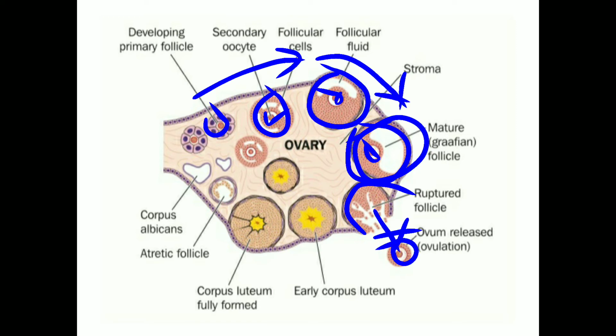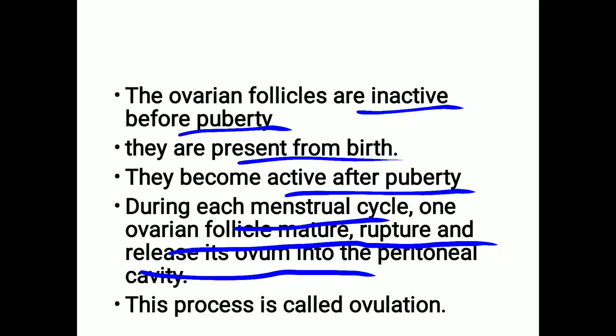That process of release of the ovum into the peritoneal cavity from the Graafian follicle is called ovulation. During each menstrual cycle, one of them will mature and rupture and release its ovum into the peritoneal cavity, and that process is called ovulation.